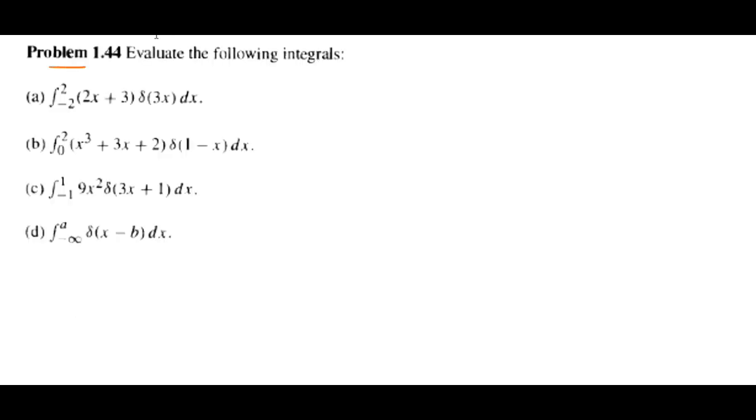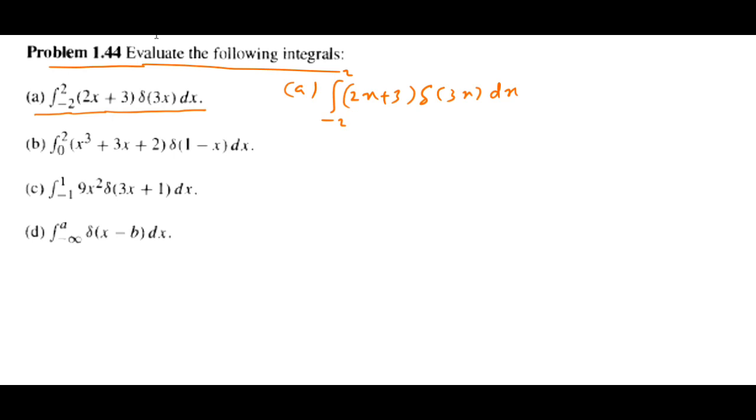So first, the question is problem 1.44. Evaluate the following integrals. These are the unsolved problems in the Griffiths textbook. Here the first question is the integration from minus 2 to 2 of 2x plus 3 delta 3x dx.